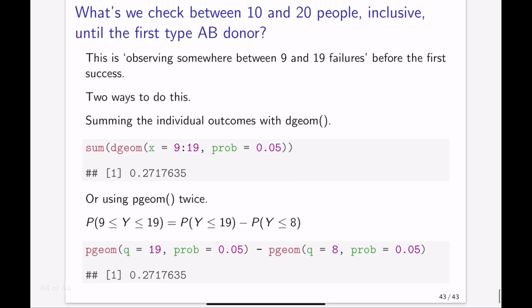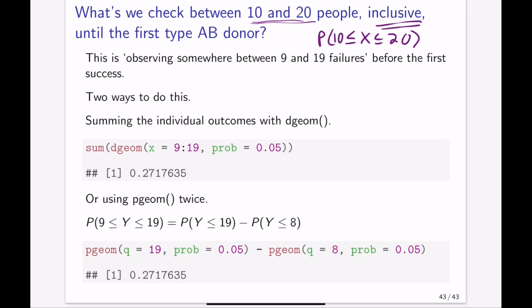Then the last one that we'll look at is what about when we want to have between two certain numbers. So what's the probability that we have to check between 10 and 20 people, inclusive, which means it counts both of those, until we get the first type AB donor? That's the probability that X is at most 20 and at least 10.